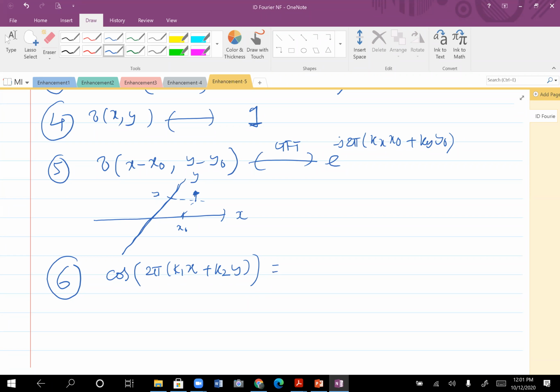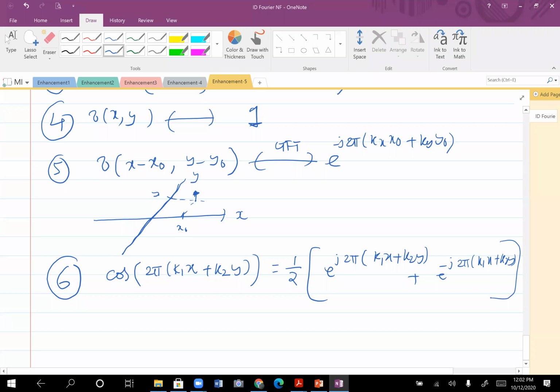First we will convert into exponentials: 1 by 2 times e to the power j 2 pi (k1 x plus k2 y) plus e to the power minus j 2 pi (k1 x plus k2 y). Correct, that's how the cosine is written.